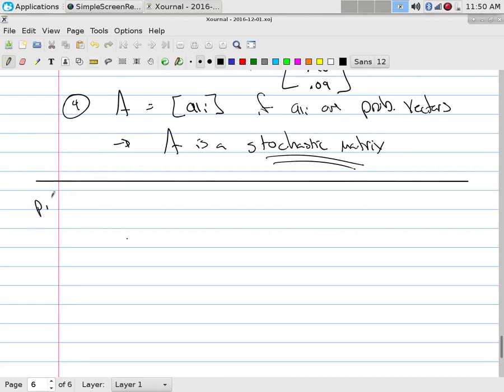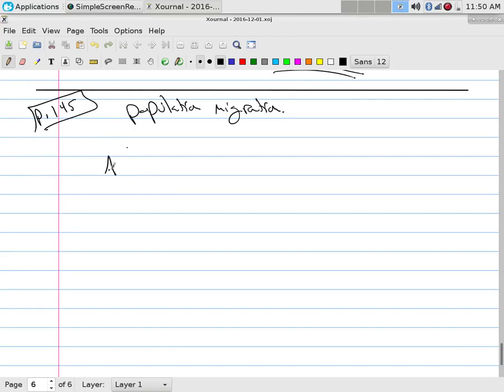If we go way back to page 145, we had population migration. And we were told that for matrix A, 94% of the people stay in one particular region, therefore 6% of the people leave. On the other region, 98% stay in that region, whereas 2% switch to the other region.